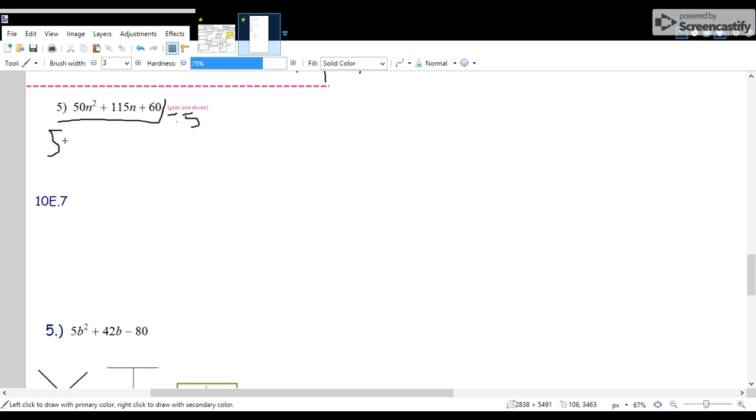If we put a 5 out to the side, we have 50 divided by 5 is 10, so 10n to the second power plus 115 divided by 5 is 23, so 23n, and then 60 divided by 5 is 12. We'll put this 5 out to the side for just a little bit.